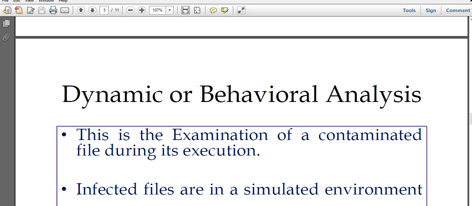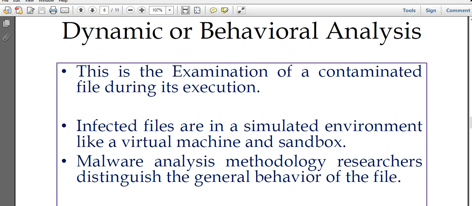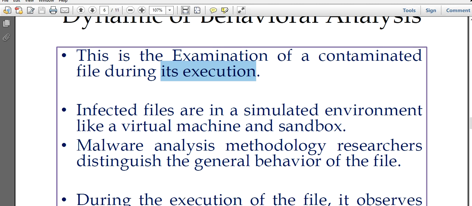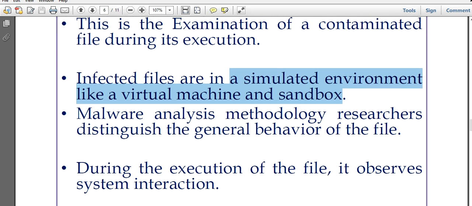Then coming to the next one, dynamic or behavioral analysis. This is also very important because it is the examination of a contaminated code or file during its execution. You may underline this, that is during its execution. Infected files are run in a simulated environment like a virtual machine or sandbox. And you all know what a virtual machine is, isn't it?